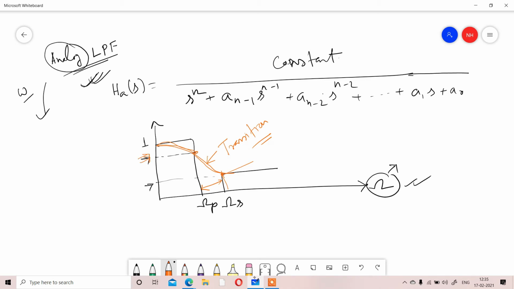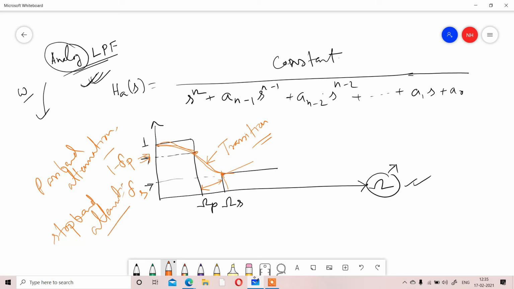For omega p, the pass band frequency, the range is defined as 1 minus delta p. That is called the pass band attenuation. And that is defined as delta s, called the stop band attenuation. So these are the parameters that will be provided.